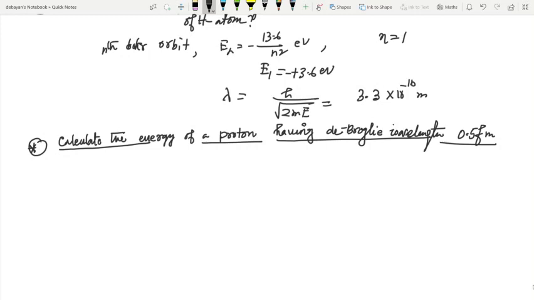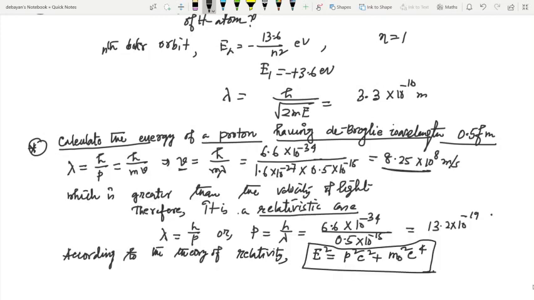Here E is the total energy, and E naught, which is m naught c squared, is called the rest mass energy of the particle.